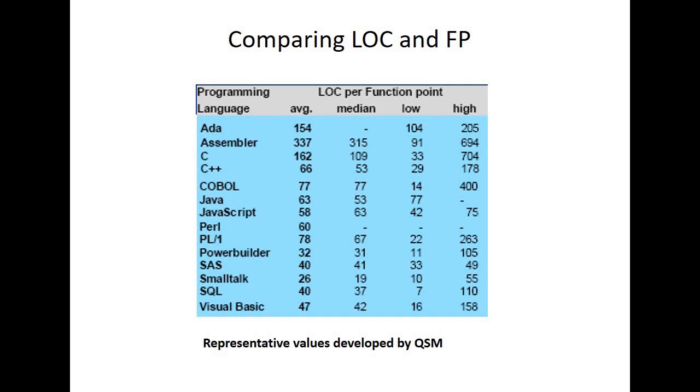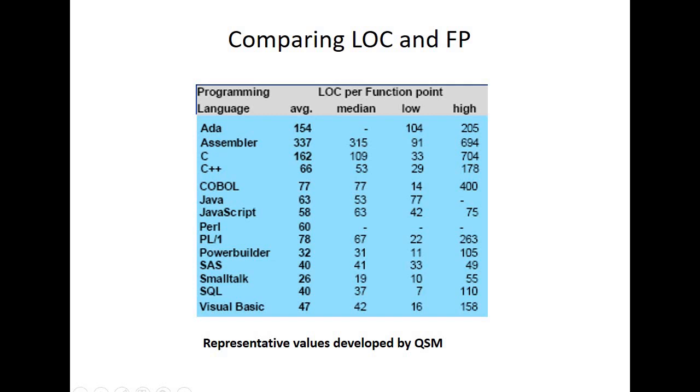So this is a comparative chart for comparing LOCs and function points. On this side we have different programming languages. On this side we have LOCs per function point in case of your average, median, low and high situations.